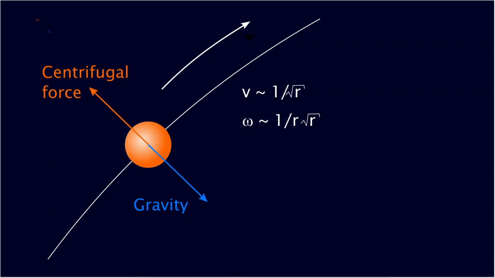So the velocity is inversely proportional to the distance to Earth's center. That means the closer the satellite is to Earth, the faster the satellite will move.